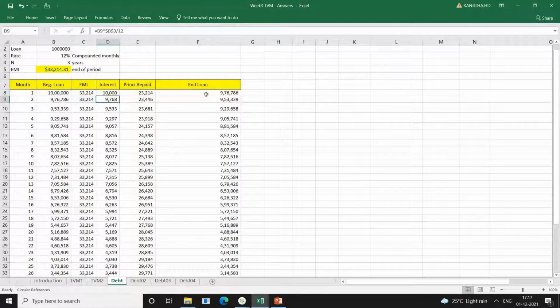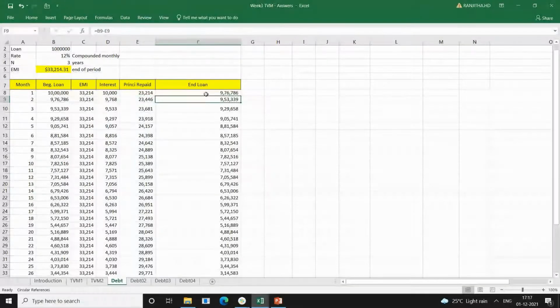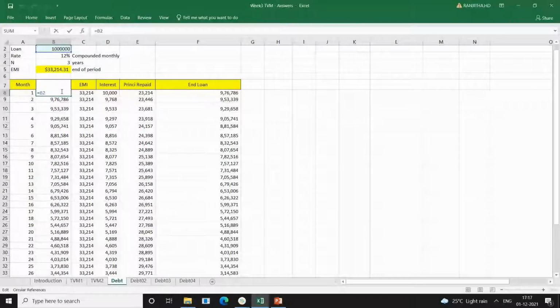EMI will remain the same, interest will change. So principal repaid will change, then the loan amount will change. Okay. So the loan amount I have taken directly from there. So then the EMI.